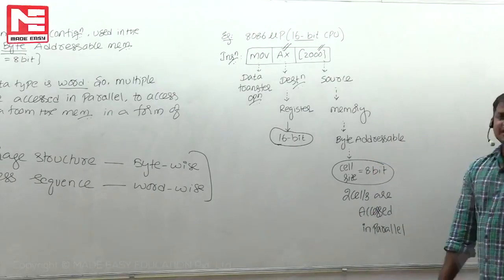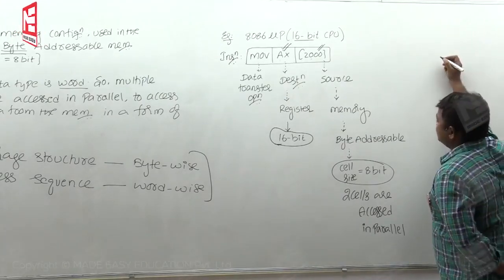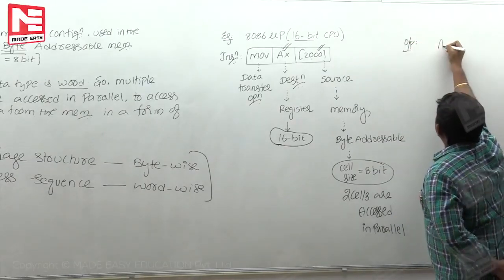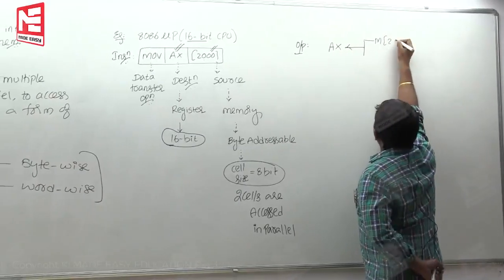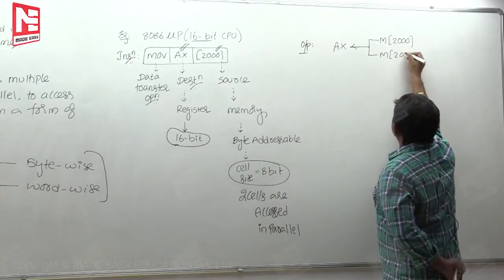This is the 16-bit microprocessor scenario. Okay, what are the two cells? Output is: AX is loaded with the memory content of 2000 and the memory content of 2001.